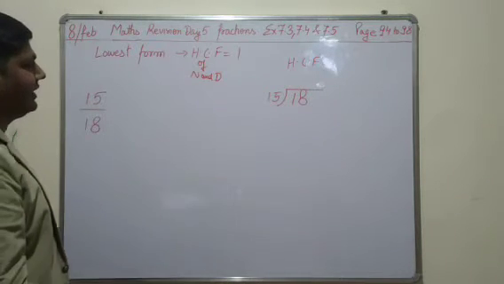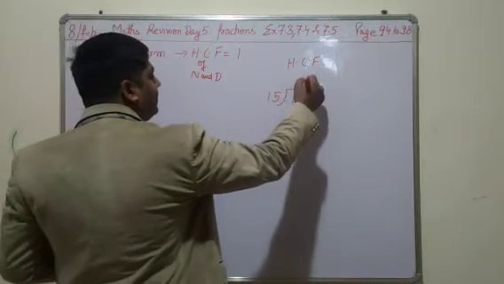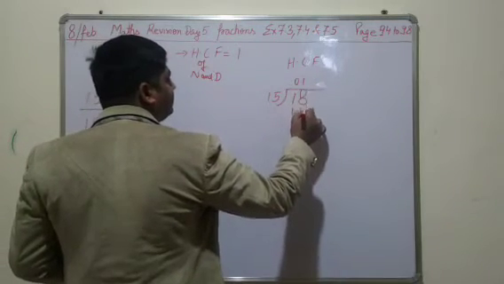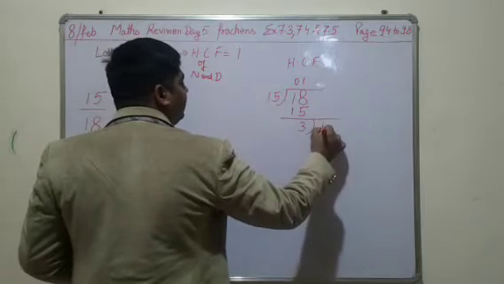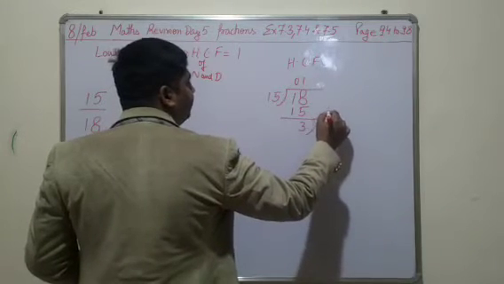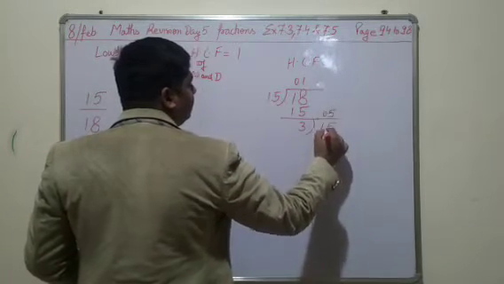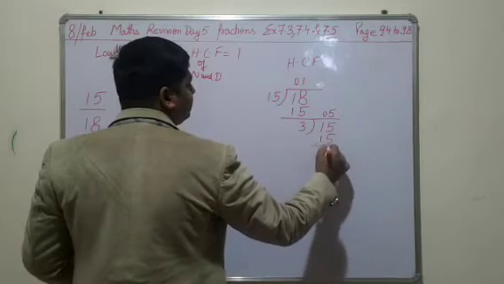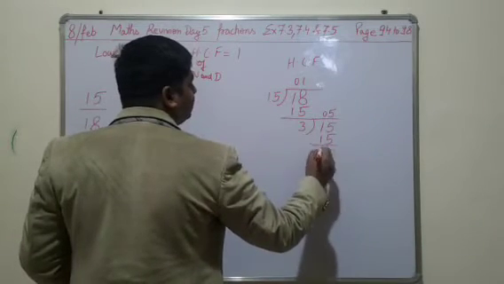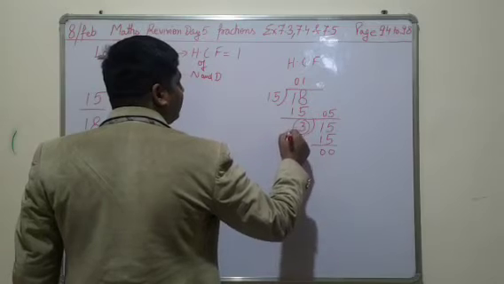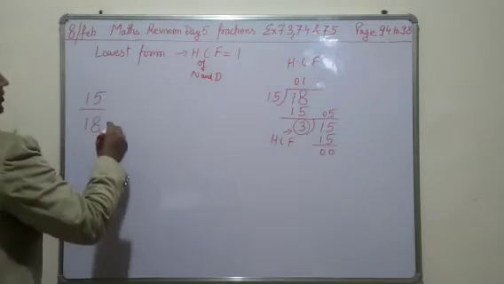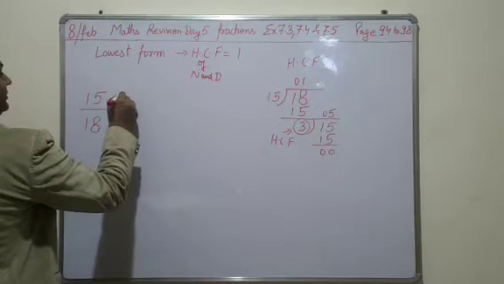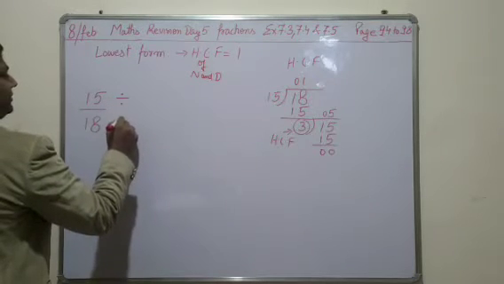So 15 ones are 15, and we will have 3 here, then 15 fives are 15, 15 threes are 15. So here we have the HCF as 3.